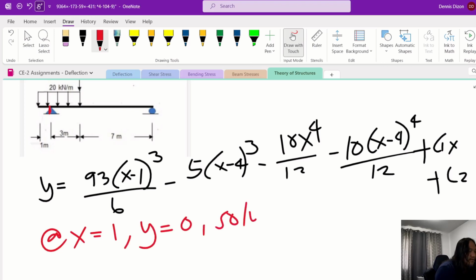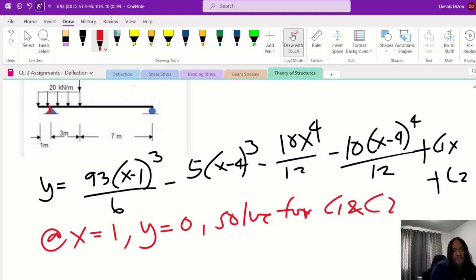Then solve for C1 and C2. That is our first equation. This will be two equations with two unknowns. If there is no cantilever, this would be easier to solve for the constants C1 and C2.